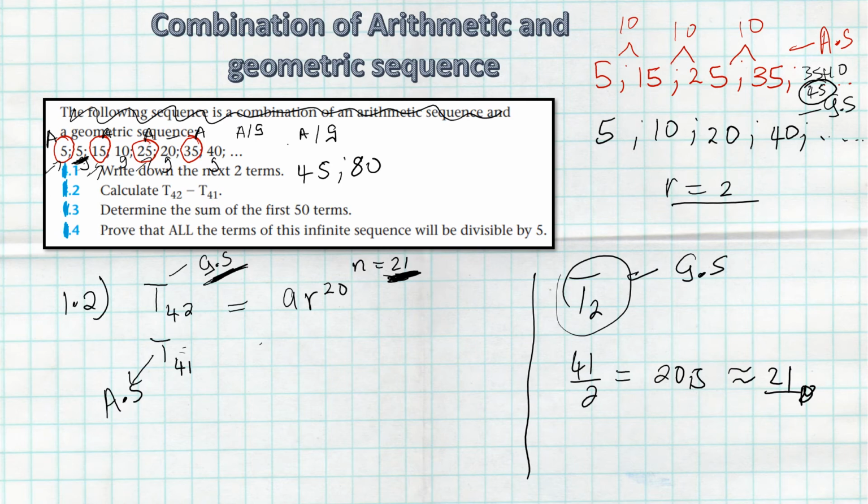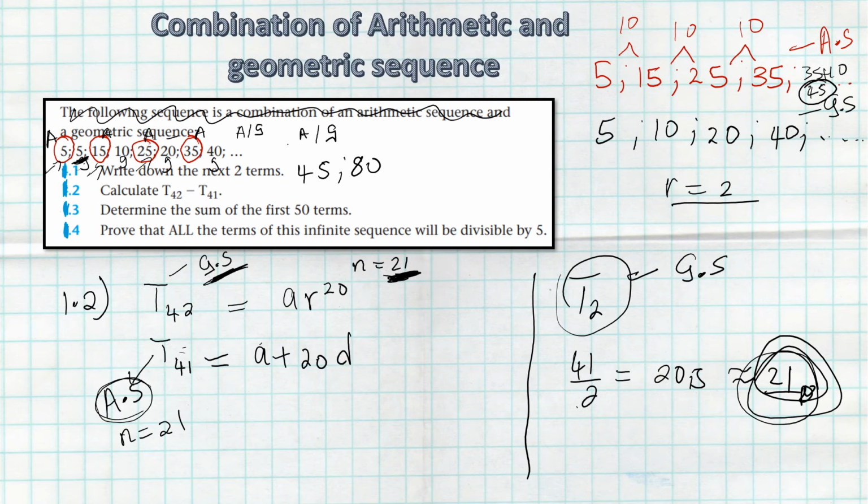So term 41 on the arithmetic sequence is in number 21, because when we divide 41 by 2 we get 20.5, which rounds to 21. So it's in position 21 on an arithmetic sequence. How do we get term 21 on an arithmetic sequence? We say 8 plus 20.